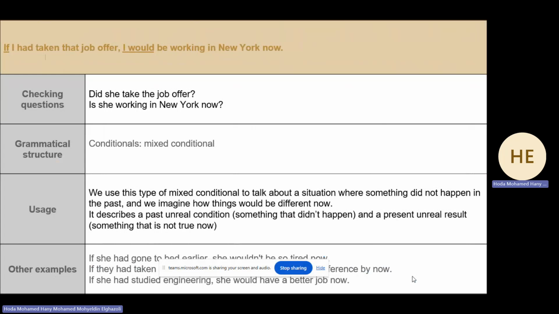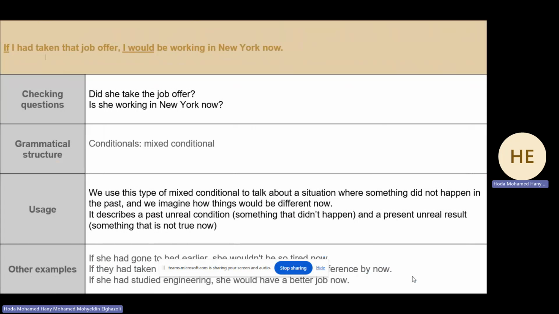Next, here we have the modal verbs. We use would and could. We use them with conditionals, and these are mixed conditionals. We have already covered all types of conditionals throughout the year, from zero to the third conditional.